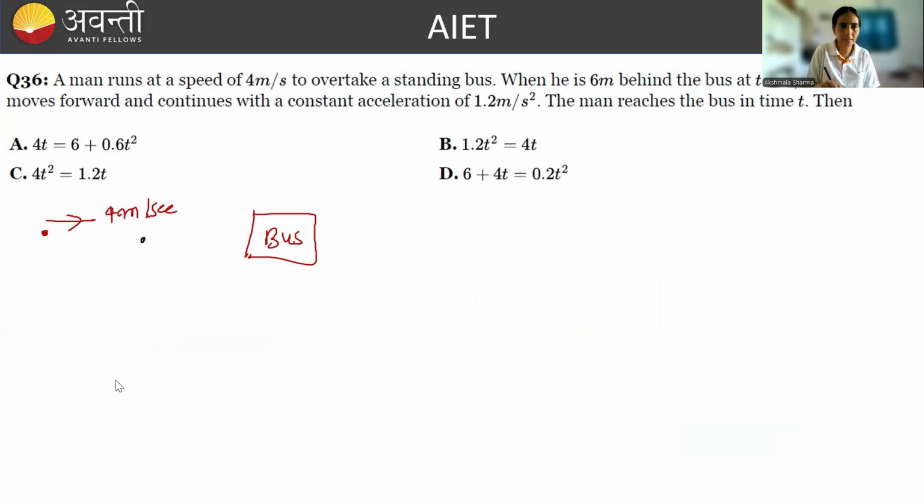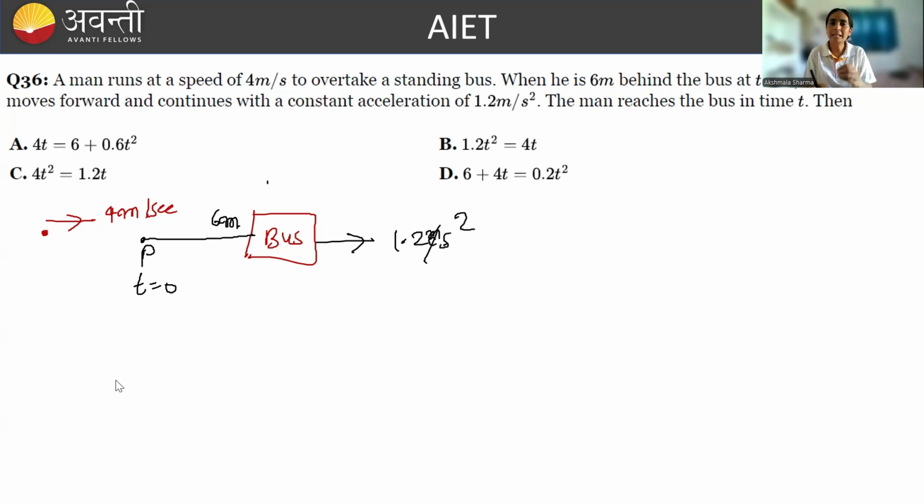The bus moves forward and continues with a constant acceleration of this much. So at this point, the bus starts moving in the forward direction with constant acceleration 1.2 meter per second square.